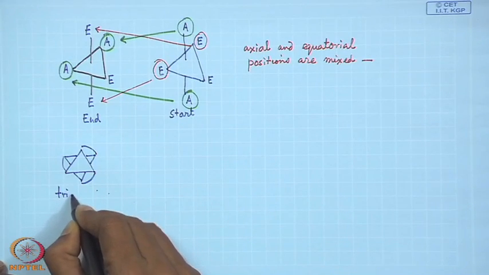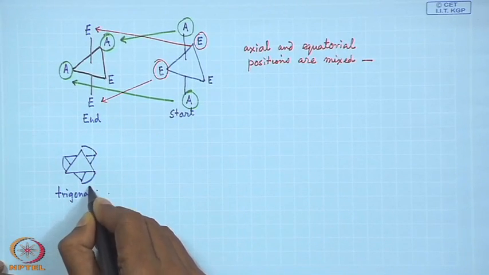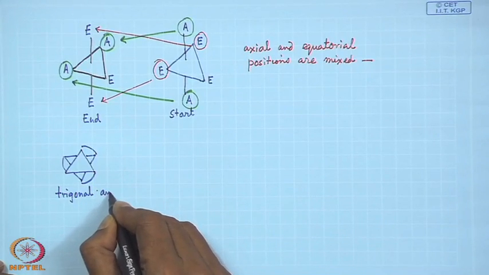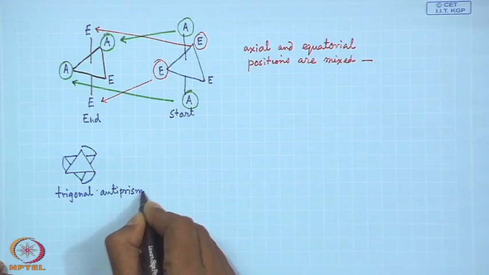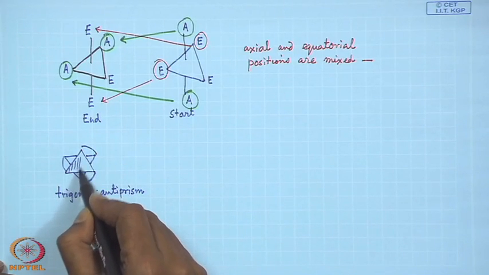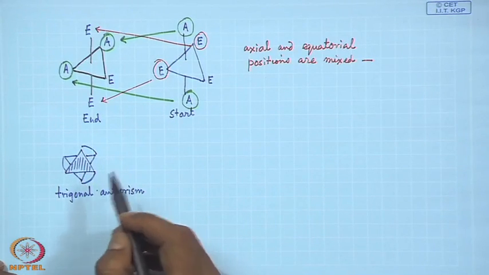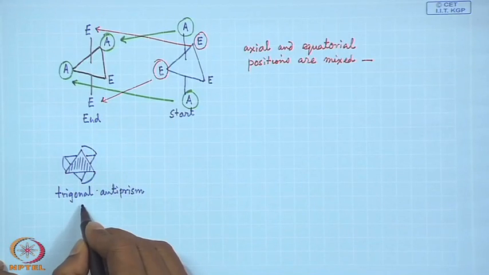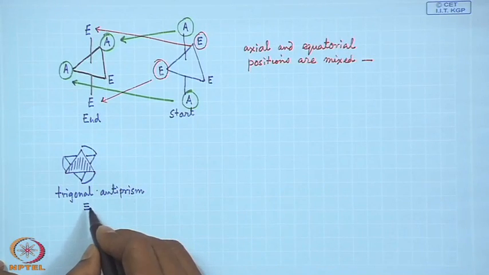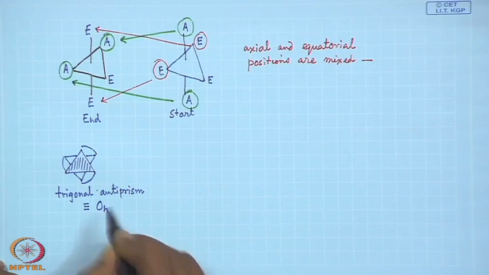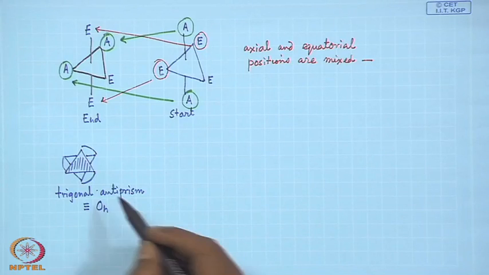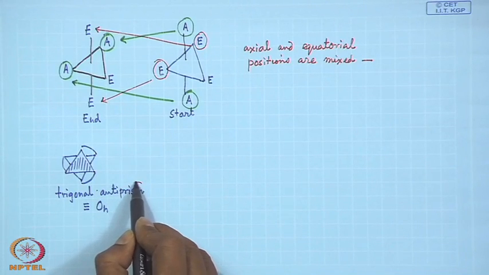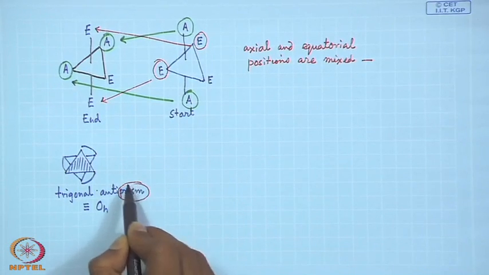So, it is a trigonal antiprism, because this is one particular triangular face of the prism and the back is the other one, which is equivalent to our corresponding octahedral geometry.